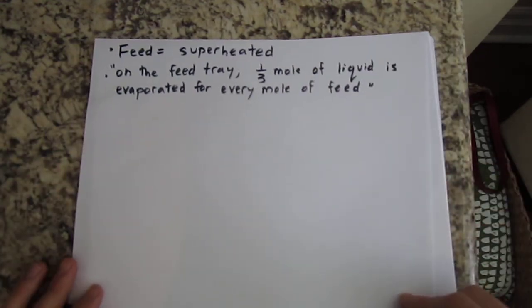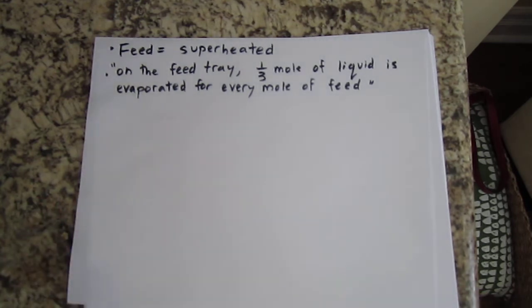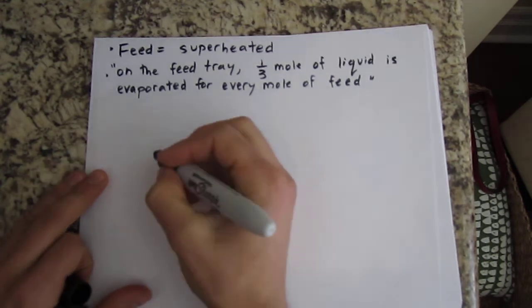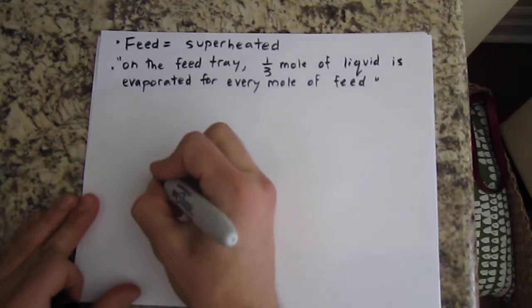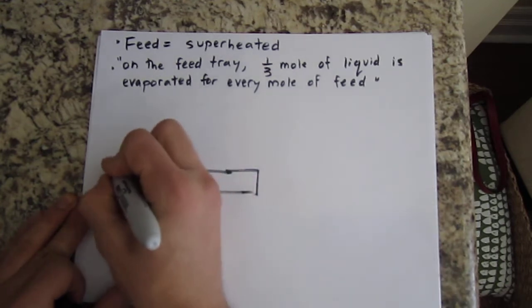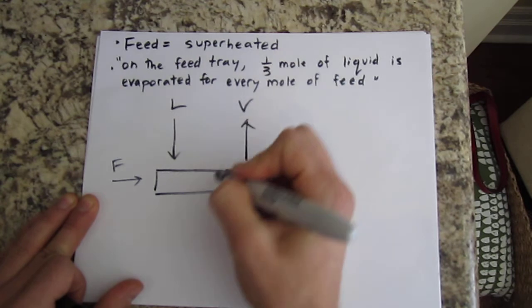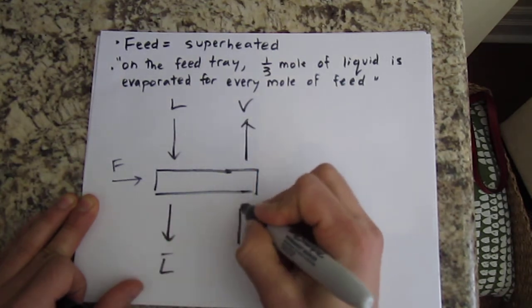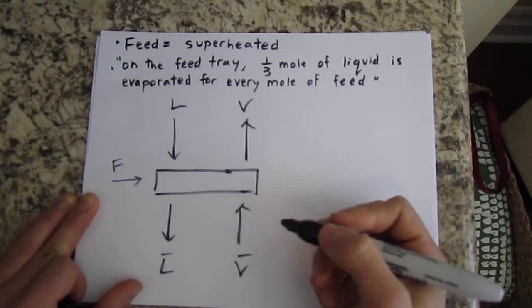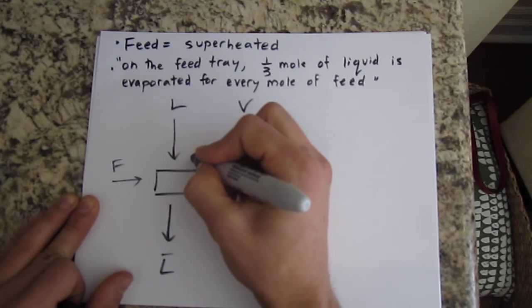So, from the exam question, we are told that the feed is superheated, and on the feed tray, 1/3 mole of liquid is evaporated for every mole of feed. So let's draw the stage and do a balance. So we have F entering, L and V, L bar and V bar, and for every F entering, 1/3 of F is evaporating, we're told.